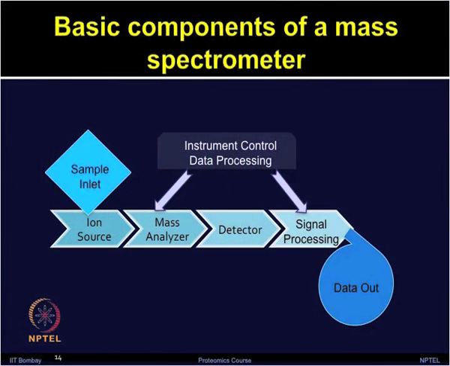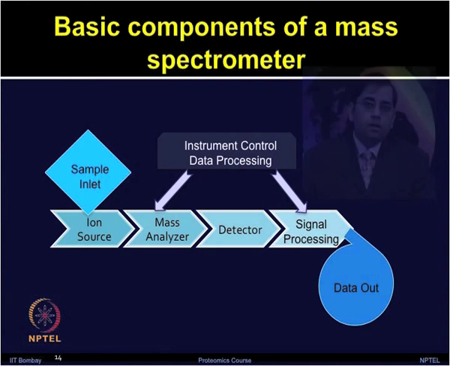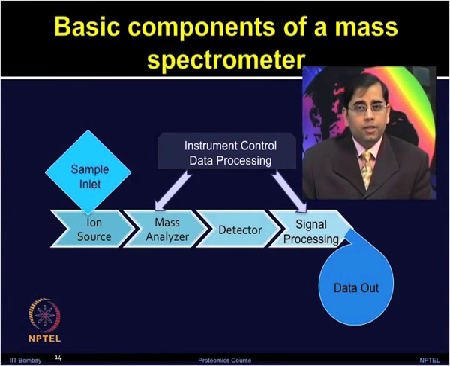Sample inlet transfers a sample into the ionization source. The ion source, or ionization source, converts neutral sample molecules into gas phase ions. Mass analyzers separate and analyze the mass of the ionic species.